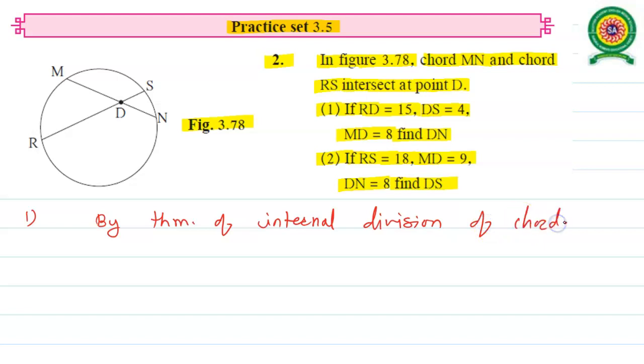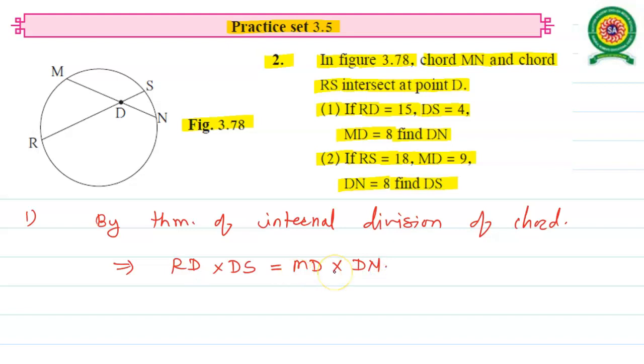As per that theorem, whatever segments are made on the first chord RS, their product is equal to the product of the segments made by point D on chord MN. So I am writing RD into DS equals MD into DN.